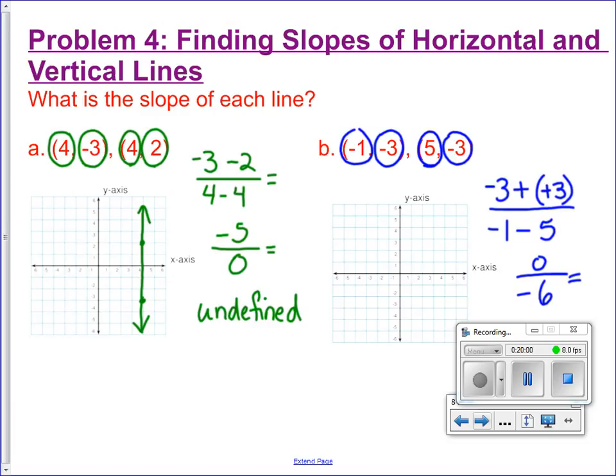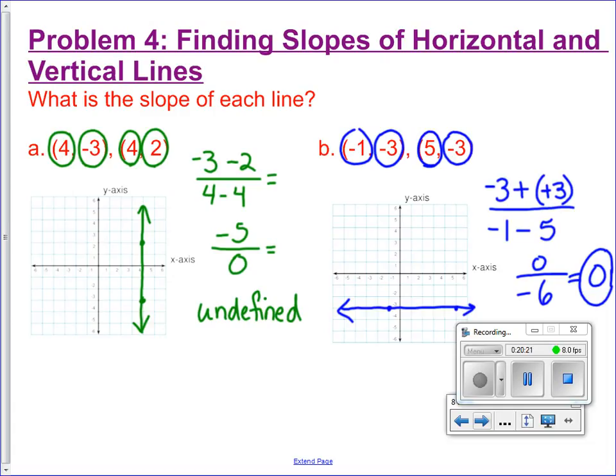And 0 divided by negative 6 is simply 0. All right, let's plot our points. Negative 1, negative 3 would be right there, and 5, negative 3 is right here. So when I join these 2 points, notice I have a horizontal line.